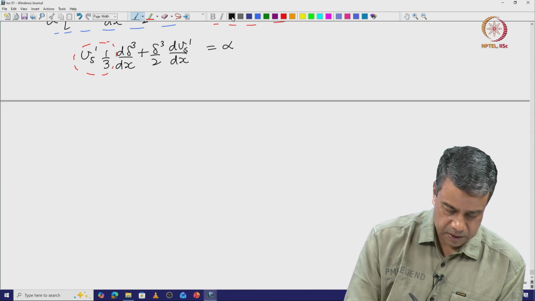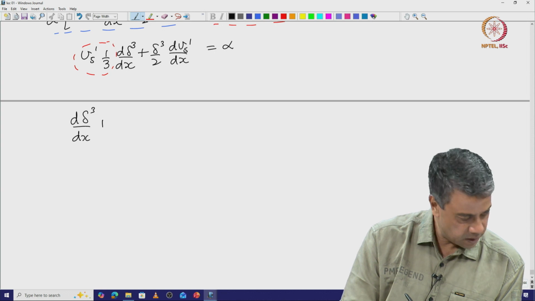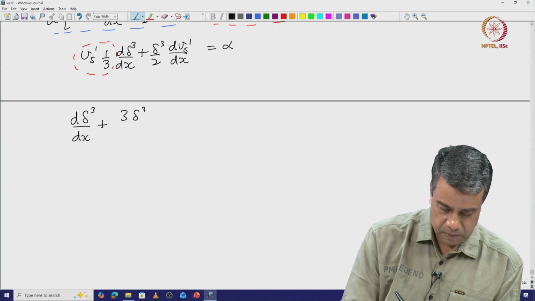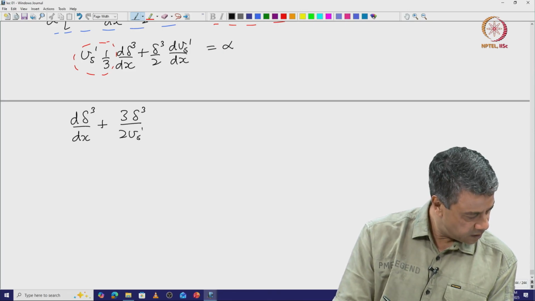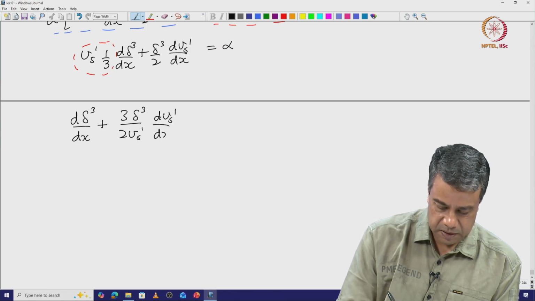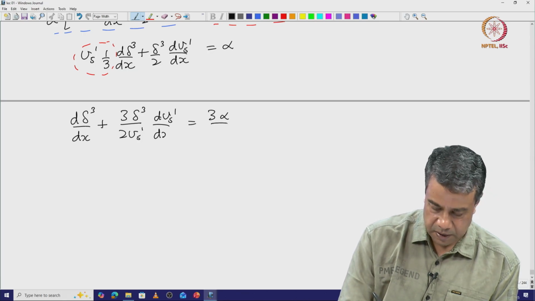So, this will give me d delta cubed by dx plus 3 delta cubed by 2 Vs prime dVs prime by dx is equal to 3 alpha by Vs prime.